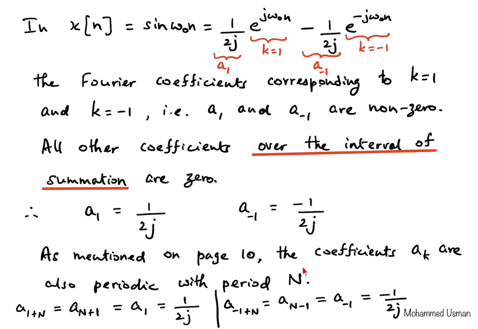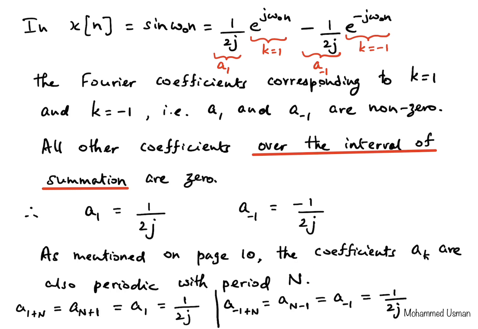So if the period is some n, then a1 plus n would be the same as a1, and similarly a minus 1 plus n would also be the same as a minus 1, because these a k's are also periodic with period n.